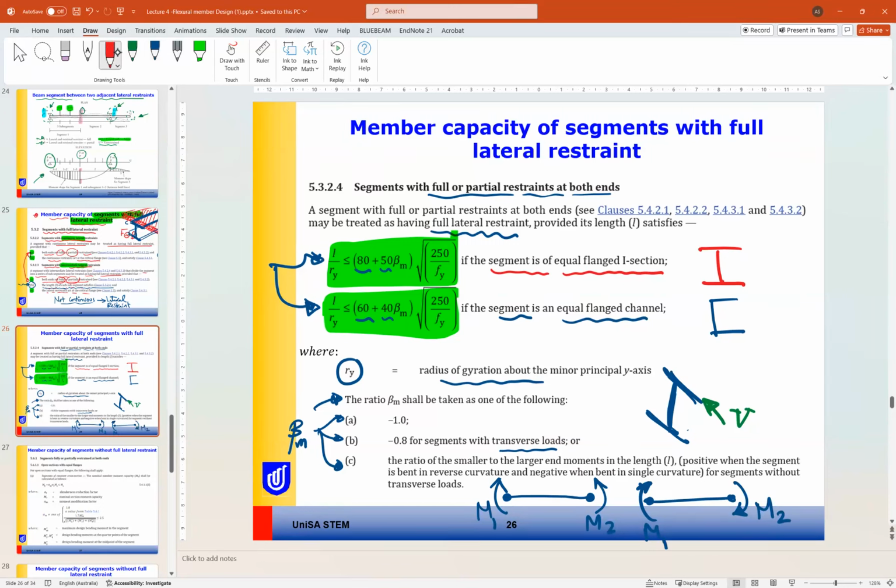So this case we have single curvature. This case we have double curvature.